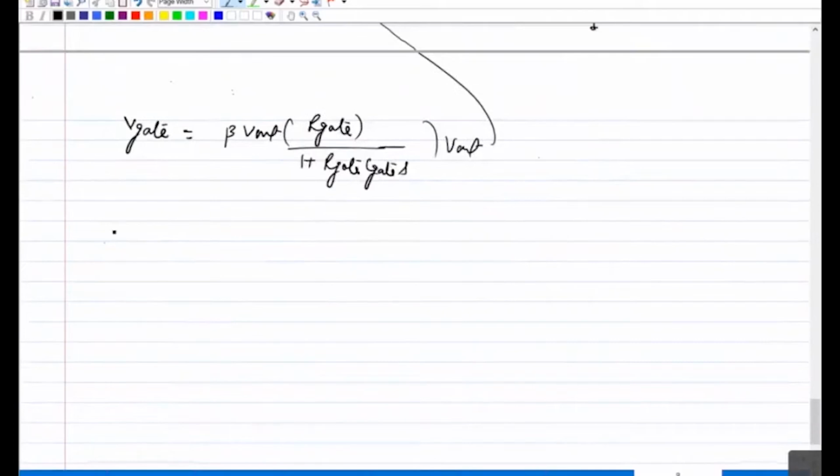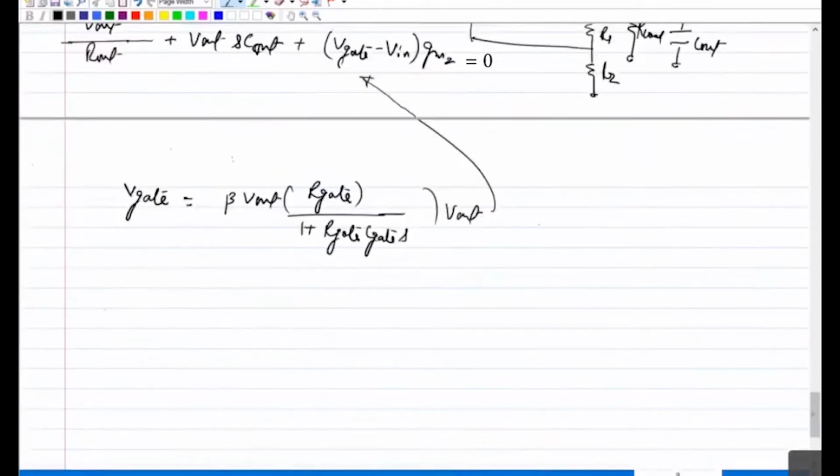And what we get here is V out over R out.